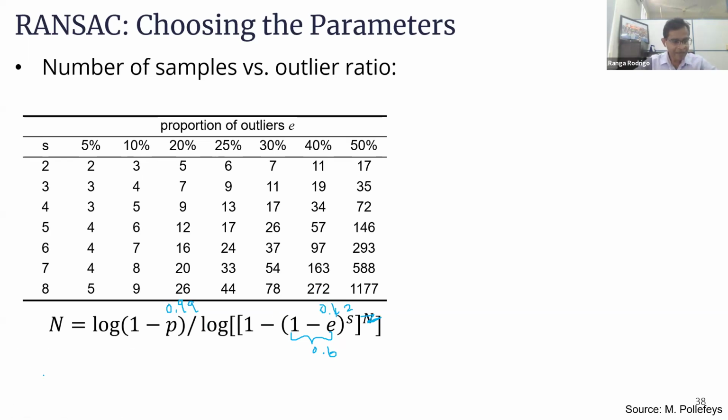So what you get is n equals log 0.01 divided by log of 1 minus 0.6 to the power of 2. You can do that calculation with the calculator.